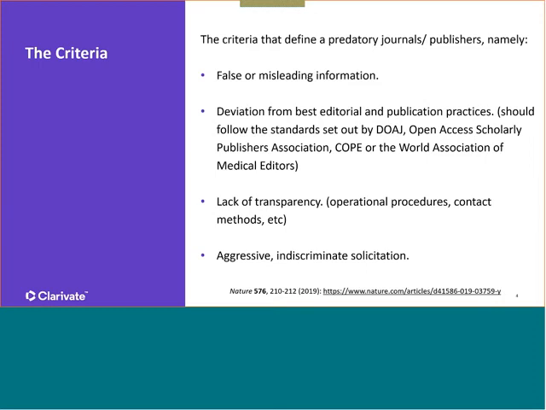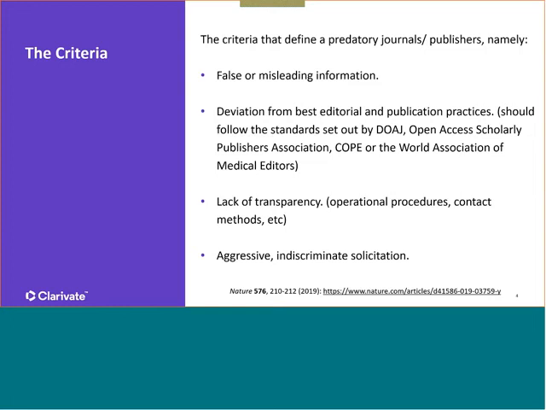Another false claim could be that they claim to have a certain impact factor, but when you go into Web of Science Journal Citation Reports and check, they do not have one. All right, so take note of this. Very, very common. One of the telltale signs is that they have false information on their website.